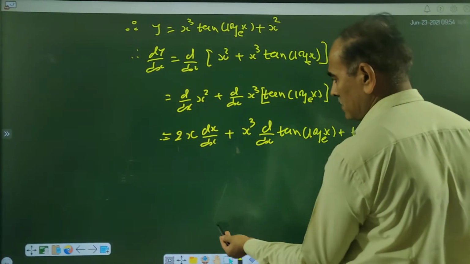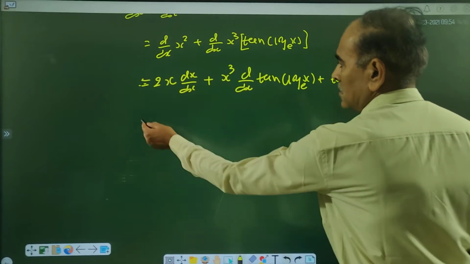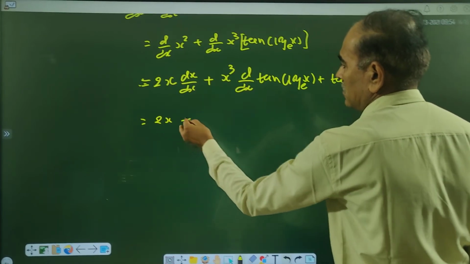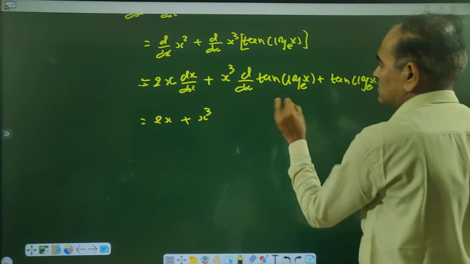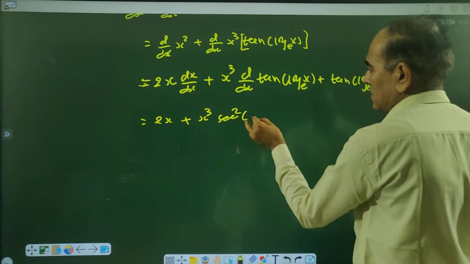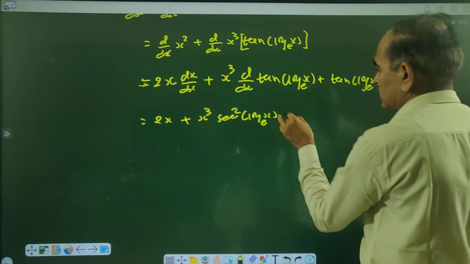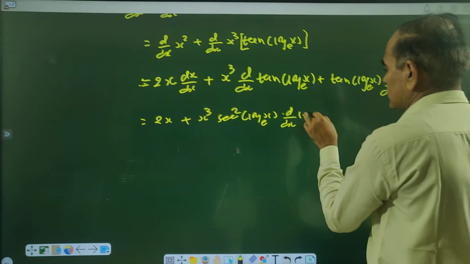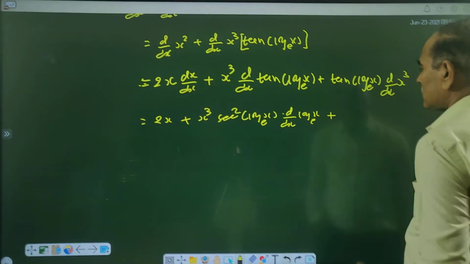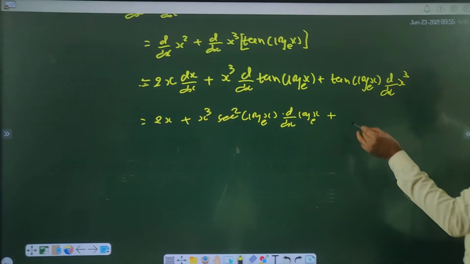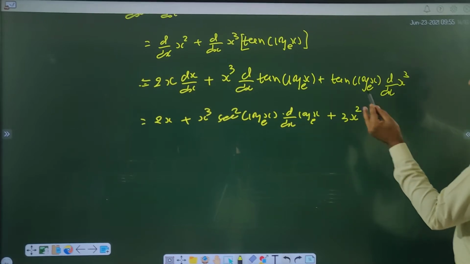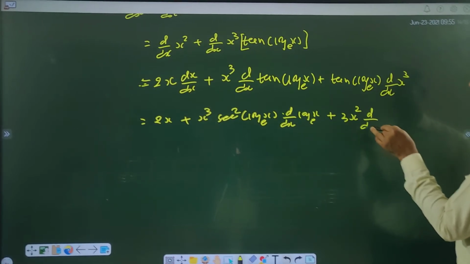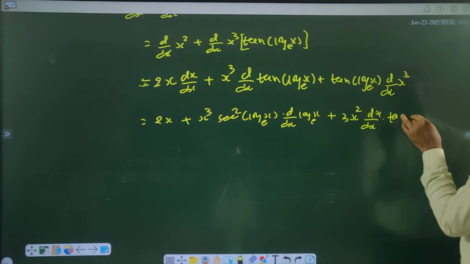So what we get here? That is equal to 2x, plus x cube times tan of some function, sec square of some function, d by dx of some function. Write the last derivative first: 3 times something raised to 3 minus 1, d by dx of something.